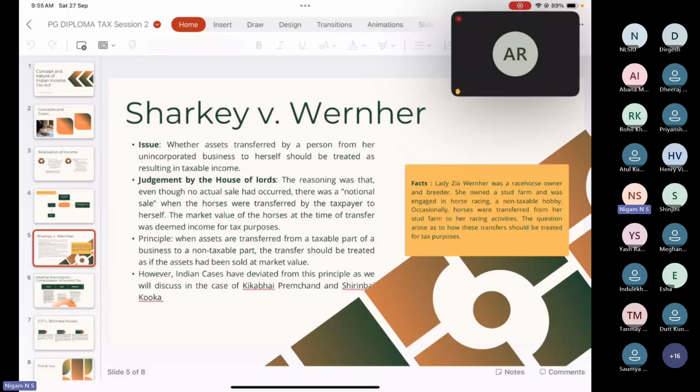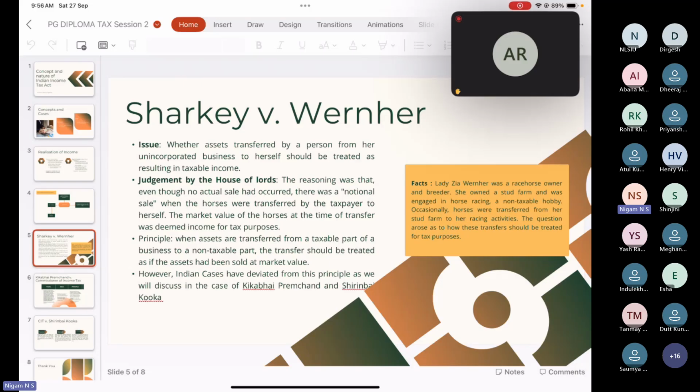And then if you're transferring it outside of your business, that ought to be captured under income tax law, even if you've not received any monetary benefit in return for it. And this is the stand taken by the UK court in this case.